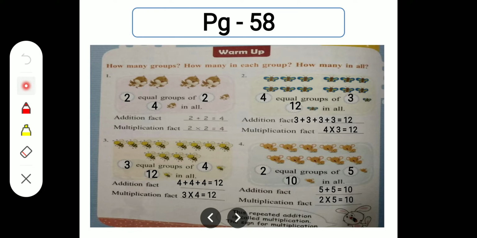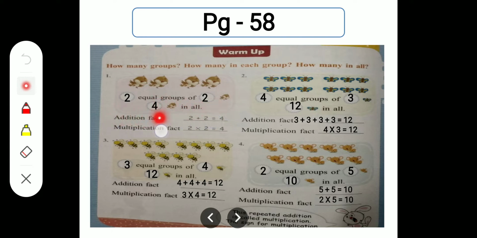So, number 1. Here let us first count how many groups there are. 1, 2. So, 2 equal groups of 1, 2. In each group, there are 2 birds. So, that means 4 in all.